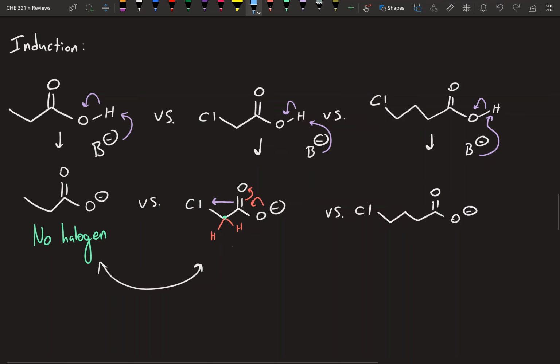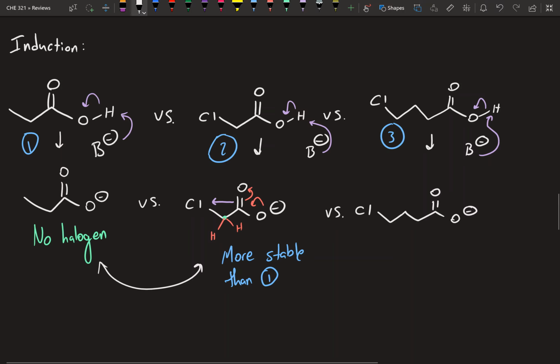So here, let's number these. I'm going to label this as number 1, number 2, number 3. And so between structure 1 and 2, this one is going to be more stable than 1. I'm referring to the conjugate base when I talk about the stability.